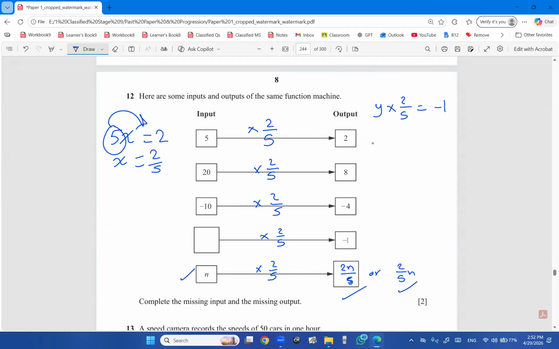Well, send a division over there. What you're looking for equals negative 1 divided by 2 over 5. Keep, change, flip. So negative 1 multiplied by 5 over 2, which is going to give you negative 5 over 2. So writing over here negative 5 over 2 is correct. Writing a negative 2.5 is also correct.